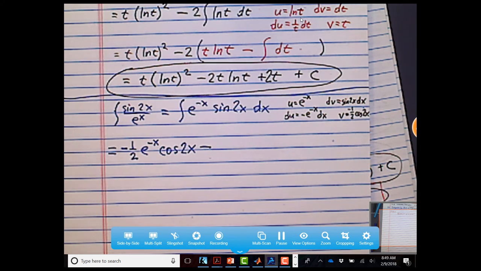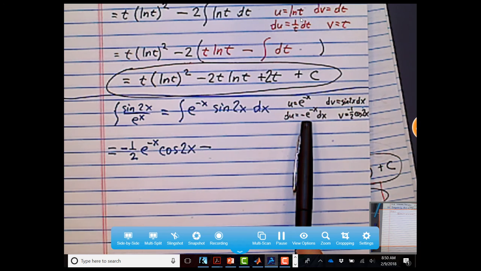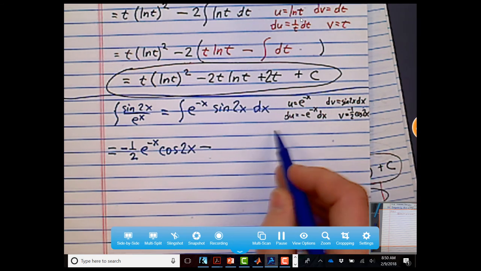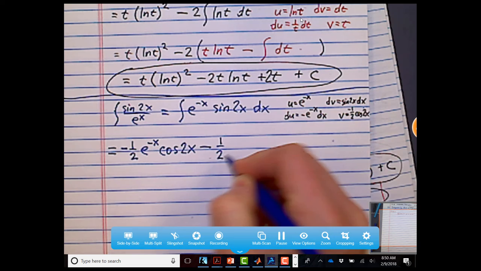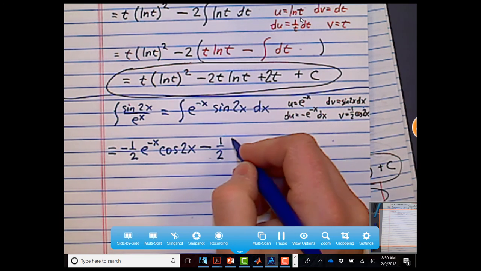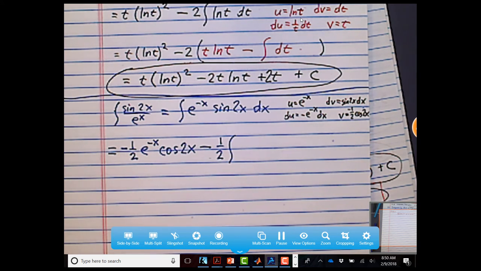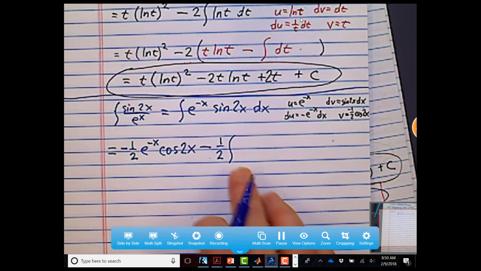Minus, oh, but wait a minute. This is really tricky, right? You have minus, minus, minus, which means minus. Okay, just want to be sure. So minus what? How about I write 1/2, because that's a constant, and then put the integral symbol? You guys okay with that? And what are we integrating over here this time?